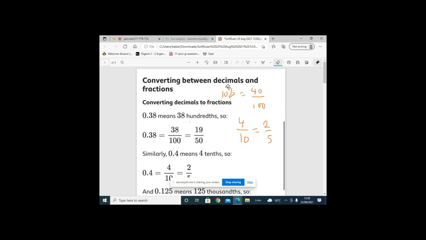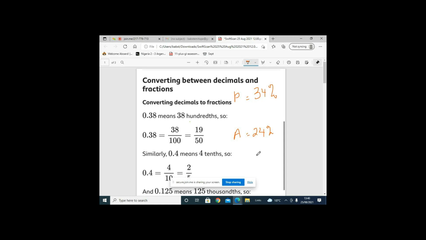So I want you to try and do this one. 24%.